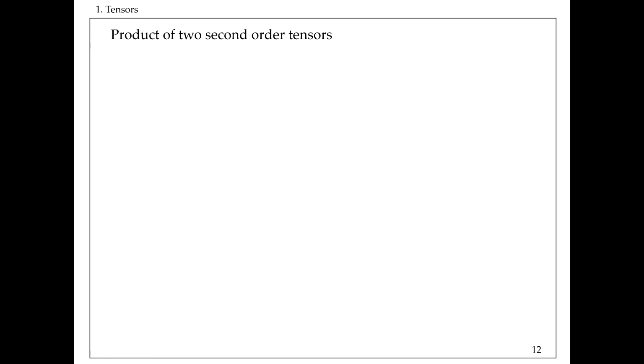So let's say we have a second order tensor F, which in fact will be a product of two other arbitrary second order tensors A and D. So we're looking into expressing the new second order tensor F in terms of the components of second order tensors A and D. So our next step here is rather simple.